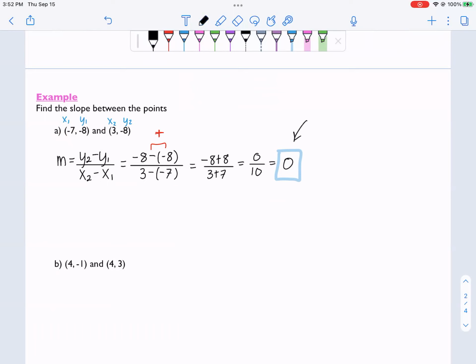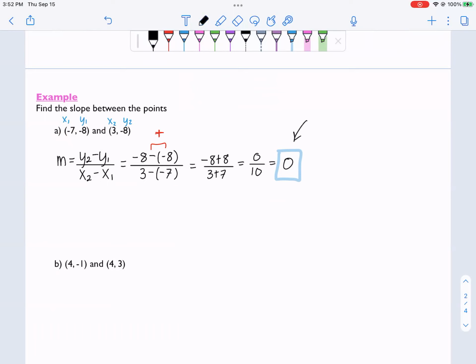If we wanted to find the equation of this line, all right, there's one point here at (-7, -8), so here's -8, and this is -7.